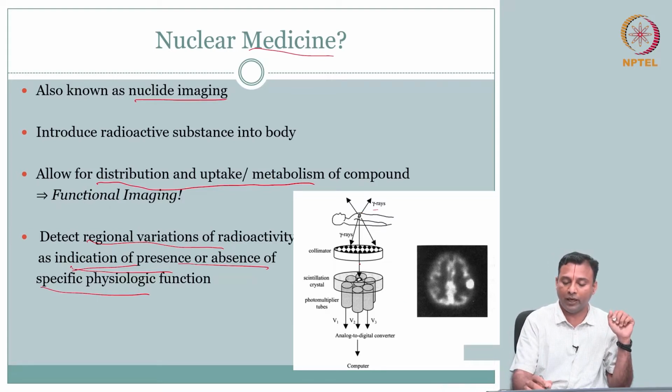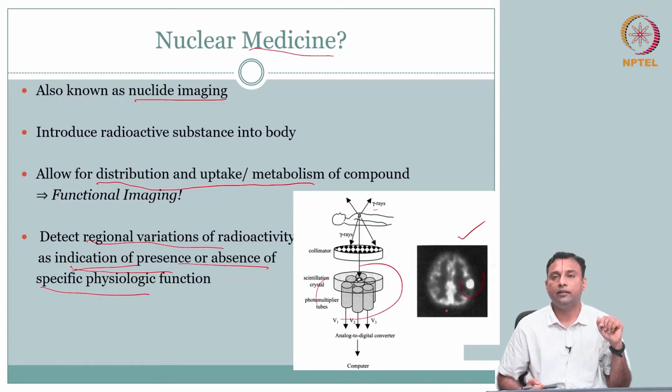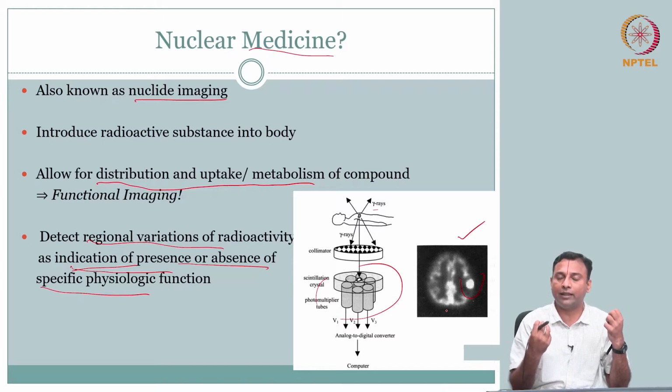For example, you have some instrumentation which we will cover, and then you transform this to an image. Notice here, there is a region that is high activity. Say if you have a tumor, a cancerous tumor, you know cancers tend to grow aggressively, so they are metabolically more active.